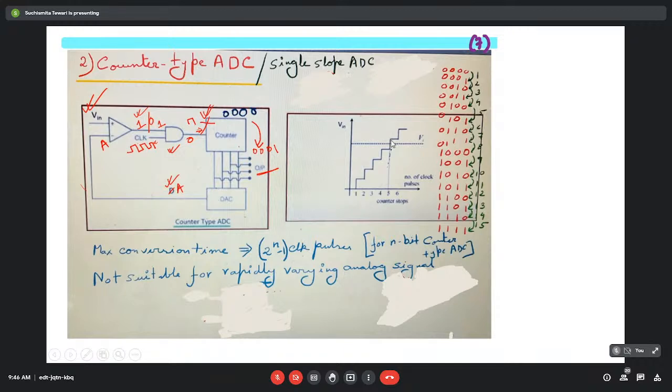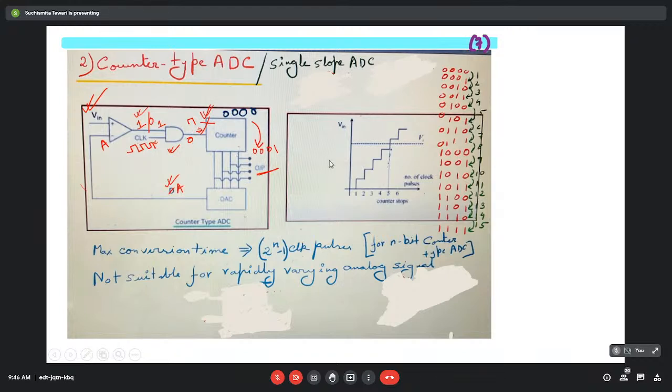Now, after the 5th clock pulse, the reference voltage crosses the input voltage. So at that point, the output of the comparator will be 0, and the output of this AND gate will be 0, and the counter won't get the clock pulse.